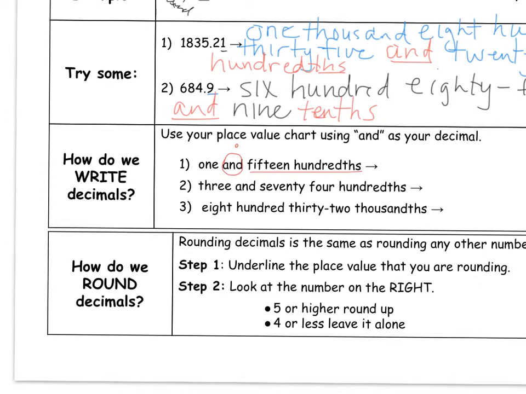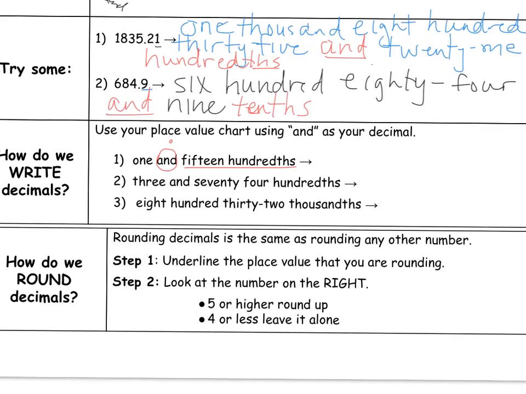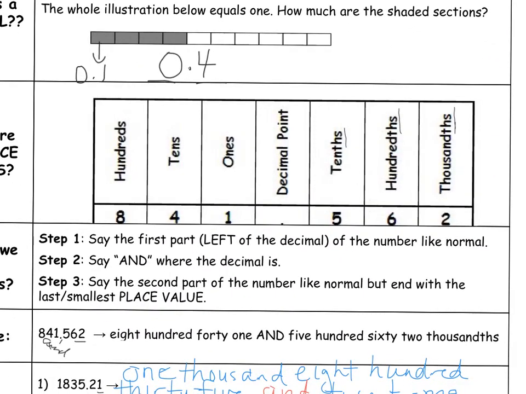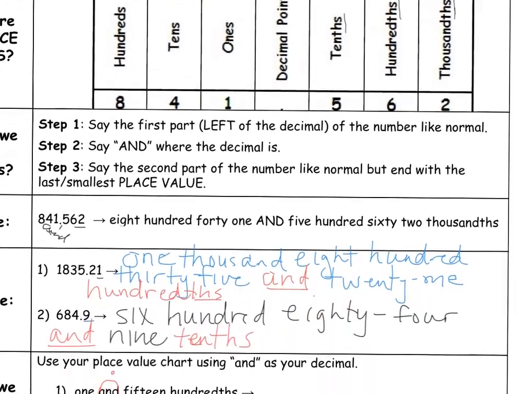So if I go back to my chart, hundredths is going to be my second place value in my decimal. So going back to my chart here, after the decimal point is tenths, hundredths. So that means hundredths is 2 decimal places after the decimal point.